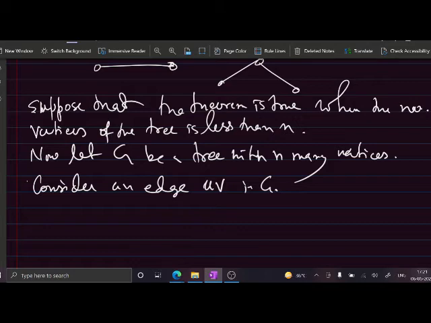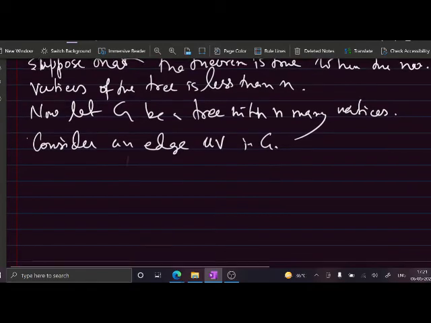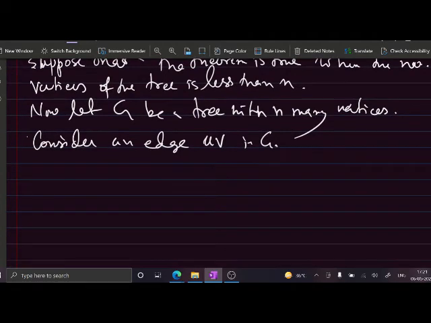Now we have already seen that any two vertices in a tree are connected by exactly one path. So let's delete UV from the tree.